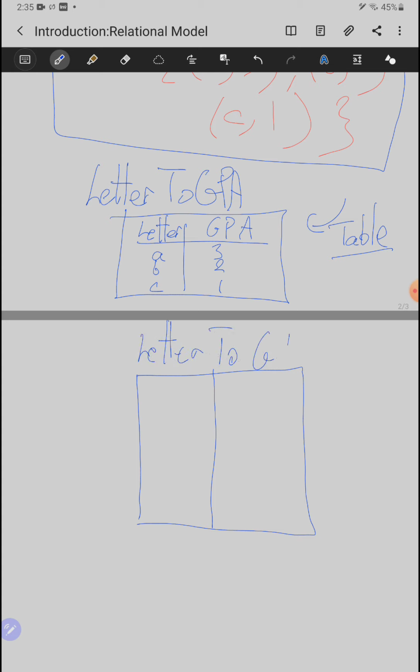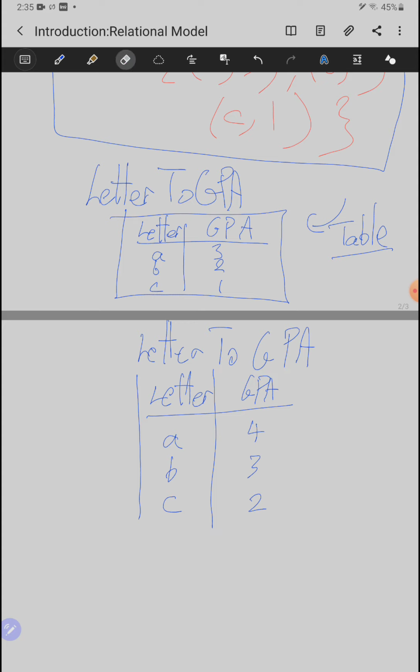We have letter to GPA, and we have the letter, and we have the GPA, and we'll have an A is a 4, a B is a 3, a C is a 2, and we have to erase this bottom line because we've gone a bit too far, or we've cut it off too soon. D is typically a 1, and then F is typically 0.